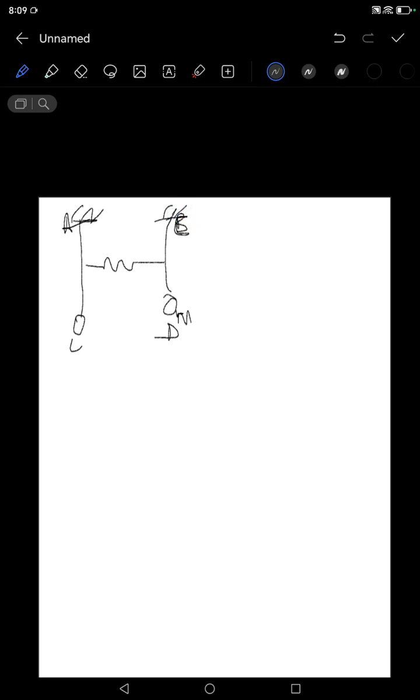And if we are using the Lagrange method, L is equal to T minus U, the kinetic minus the potential. First, we're going to look for the kinetic energy T, which is going to be the first mass at C and the second mass at D. So it's going to be half.